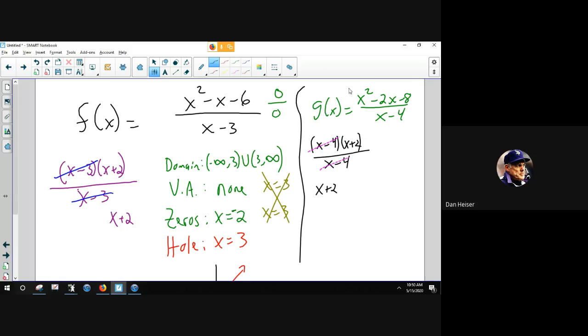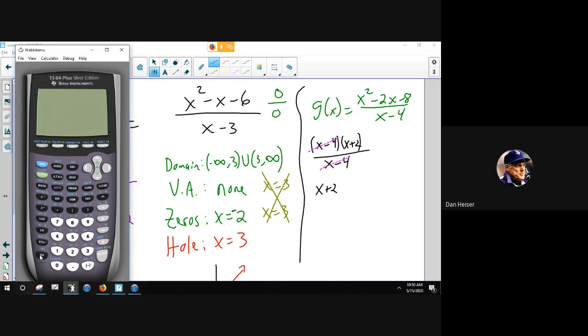Wow. The graph of this and the graph of this are identical, right? Because they both reduce to the same thing. Cool. I have that one all queued up and ready to go. I just have to turn this one on.